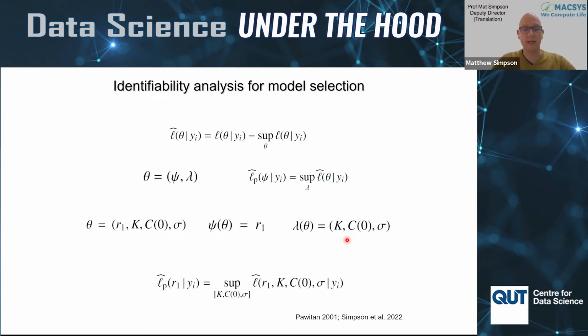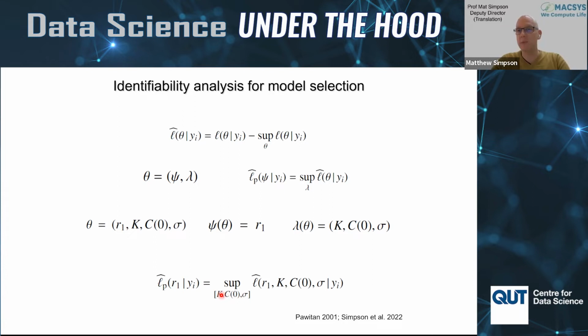And then what I can do is to construct a profile likelihood by optimizing out all of the other parameters in the problem. And if I construct a profile likelihood across a uniform mesh in R1, what that allows me to do is to look at the extent to which the likelihood is well peaked around this parameter. And of course, I can do that for each of the parameters in turn.